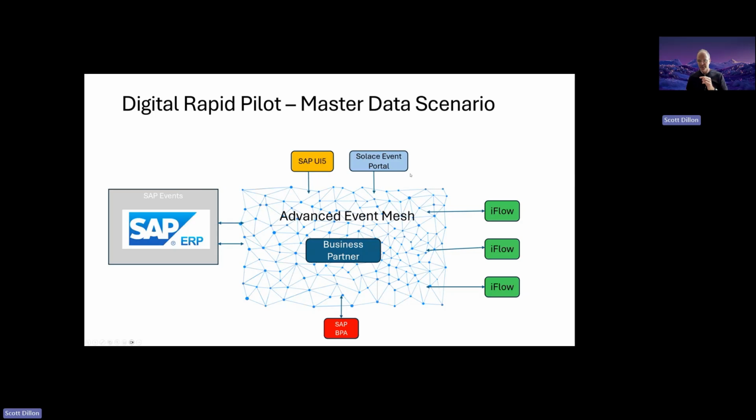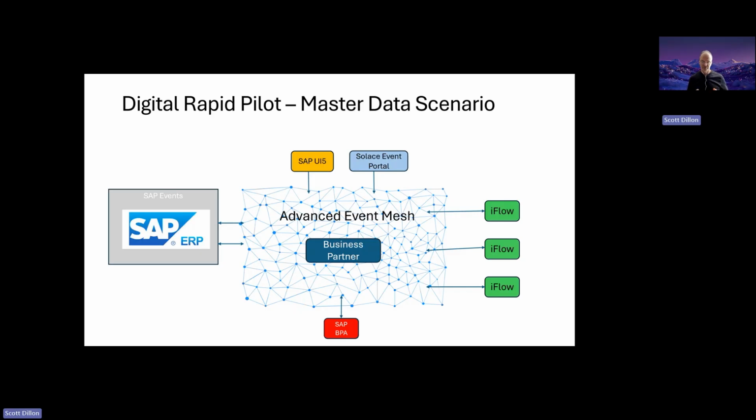We've been talking about the event portal where you can find the events and see the schema and things like that and deploy your configuration. So part of this exercise will be, yes, to deploy the configuration, but then to understand and work with the business process automation tooling to react to that event and then be able to respond with some sort of action.